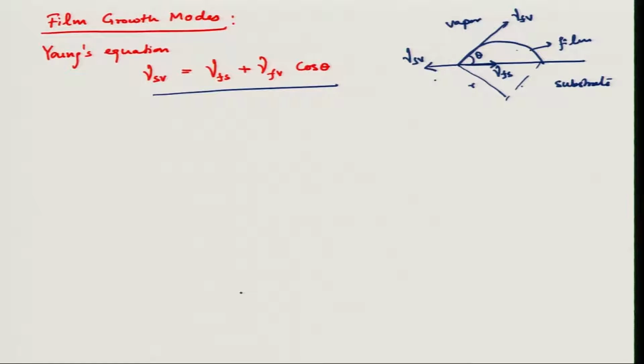Okay. Now, there are three distinct modes in which this thin film can grow. Okay. First one is called Volmer-Weber thin film growth or island growth mode.